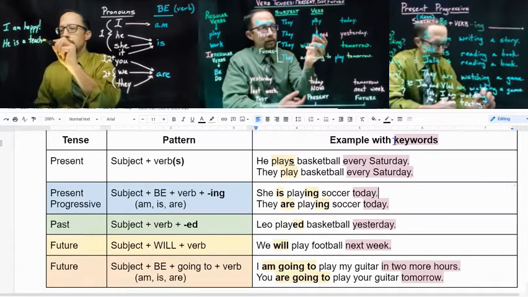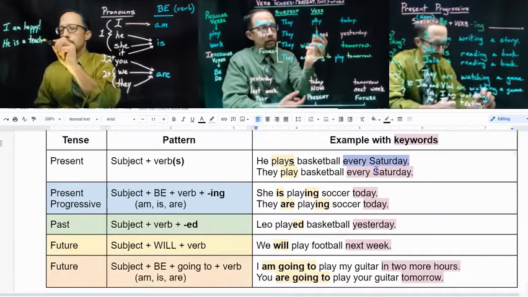Remember, we have keywords for time. The subject and the object, the two things, the nouns, the things or the people stay the same. But you have keywords like every Saturday, today, right now.